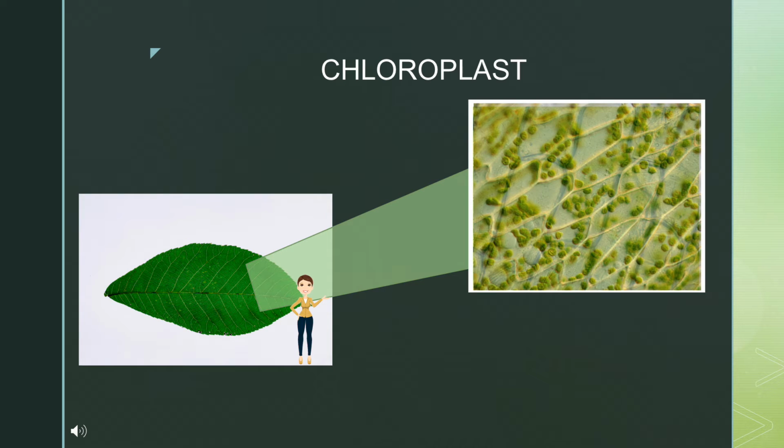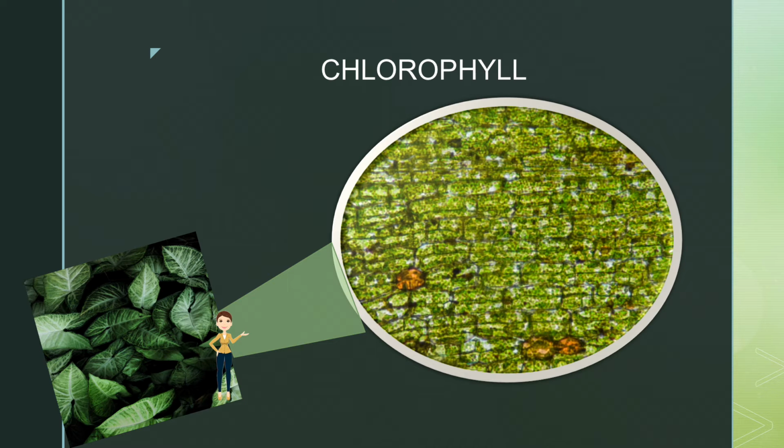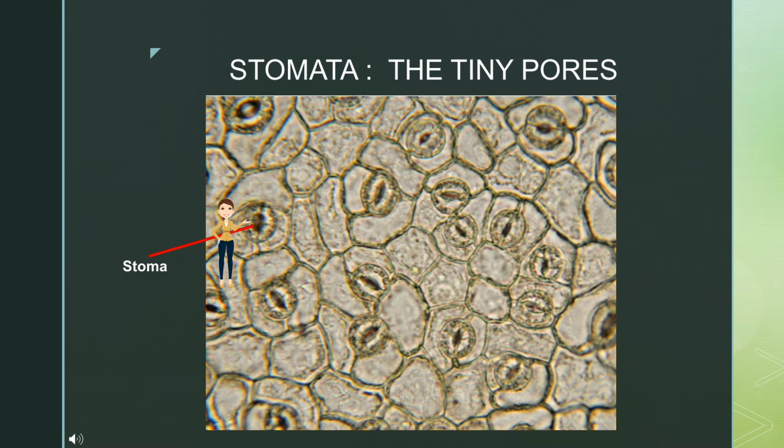The cells of green leaves and young stems of the plant contain numerous green structures called chloroplasts. The chloroplasts are green because of the presence of a green pigment called chlorophyll. It is chlorophyll that traps energy from sunlight. Leaves take in carbon dioxide from air through tiny pores called stomata.